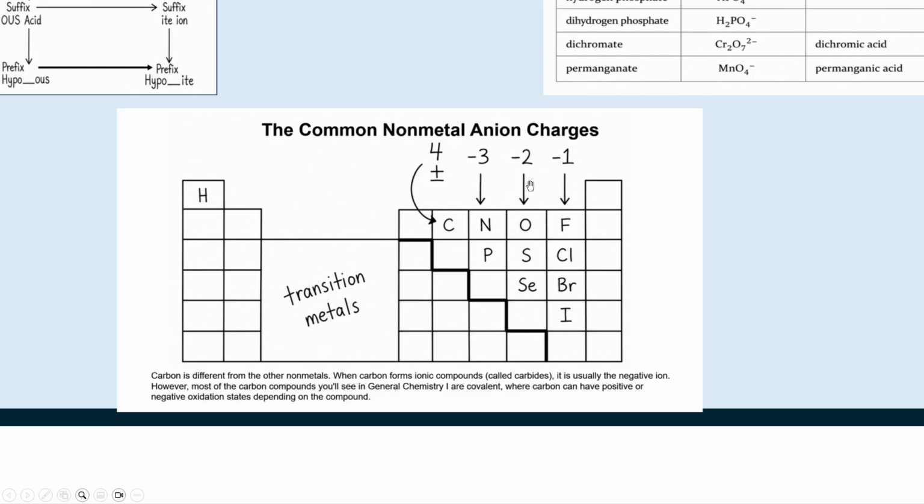Another source for naming the second part of the compound includes the common nonmetal anion charges, which are used to derive the IDE names. So remember these nonmetals so that you can know their anions whenever you have to name specific types of compounds.